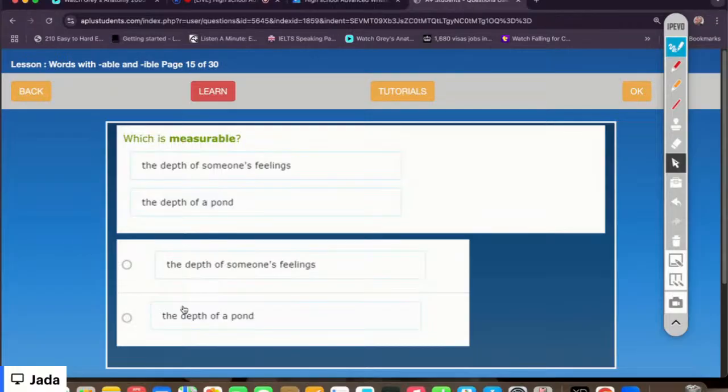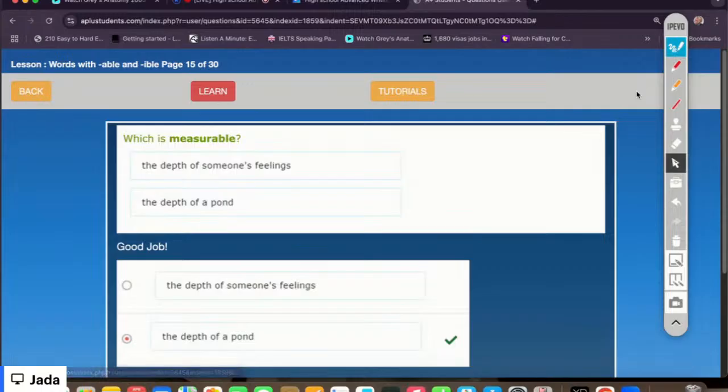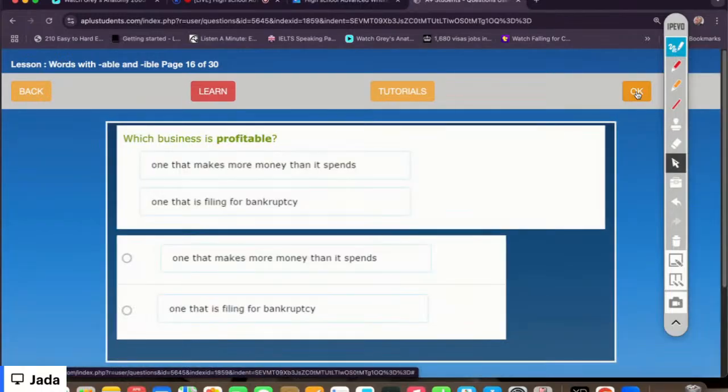All right, so the depth of a pond can be measured, but the depth of someone's feeling cannot be measured.